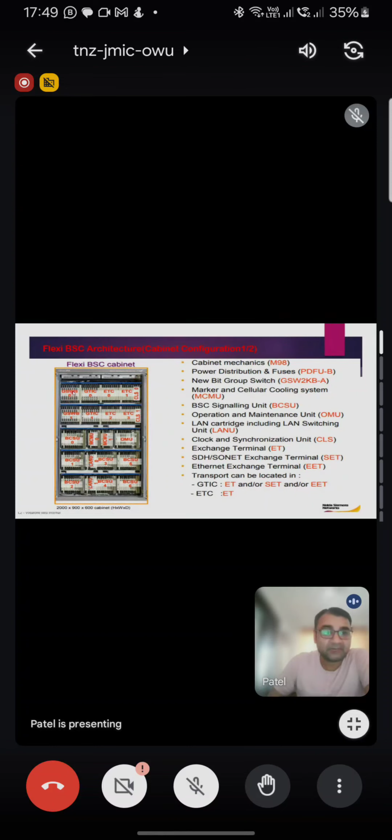If you see here, one cartridge is the GSW, one cartridge is the GTSC, and one is the CLAB, clock, and BCSU, MCMU, OMU, and LANU. So every cartridge has a different power supply from the PDFU. That's why the power is distributed cartridge wise. That is called the DX, distribution exchange.